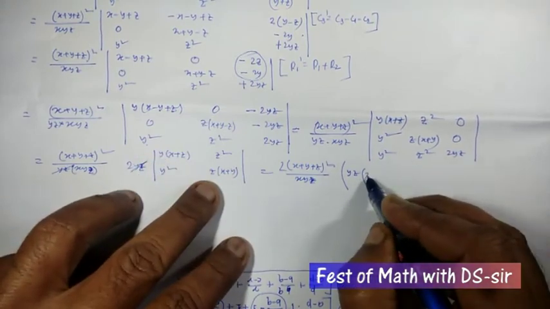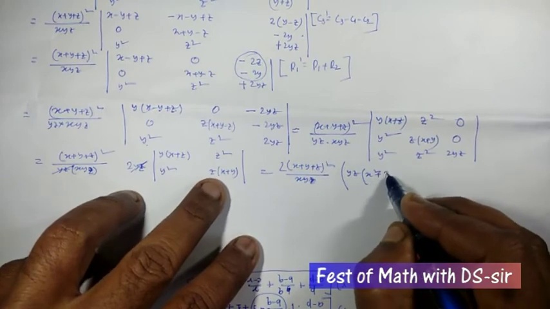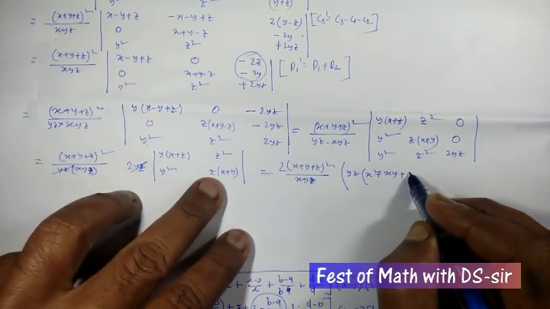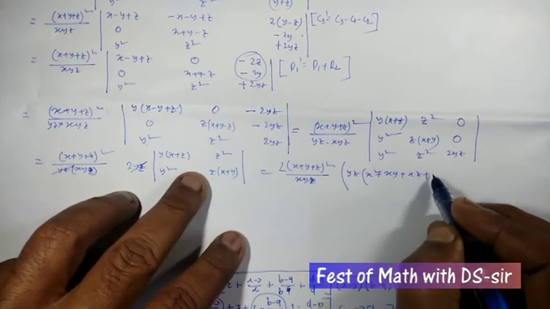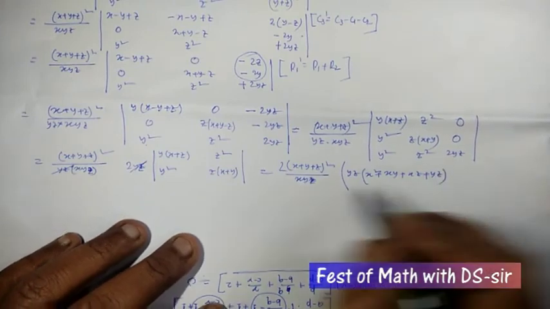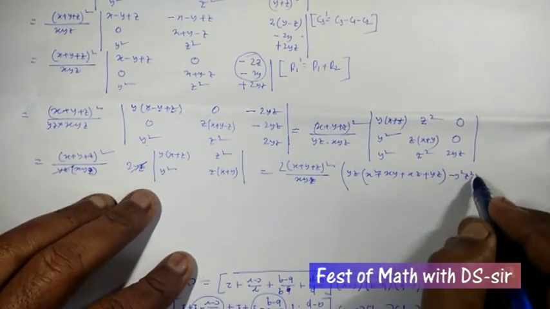So it is x square plus xy plus xz plus yz. Multiplication done, minus y square z square.